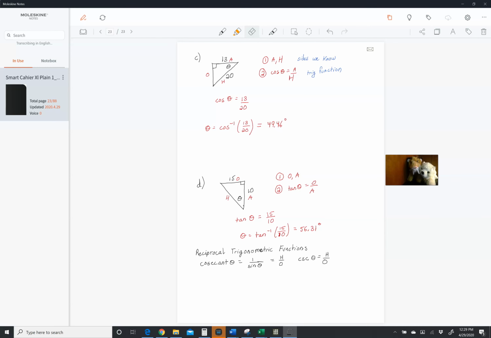The reciprocal, no, I did that wrong. No, the reciprocal of sine is cosecant. The reciprocal of cosine is secant.